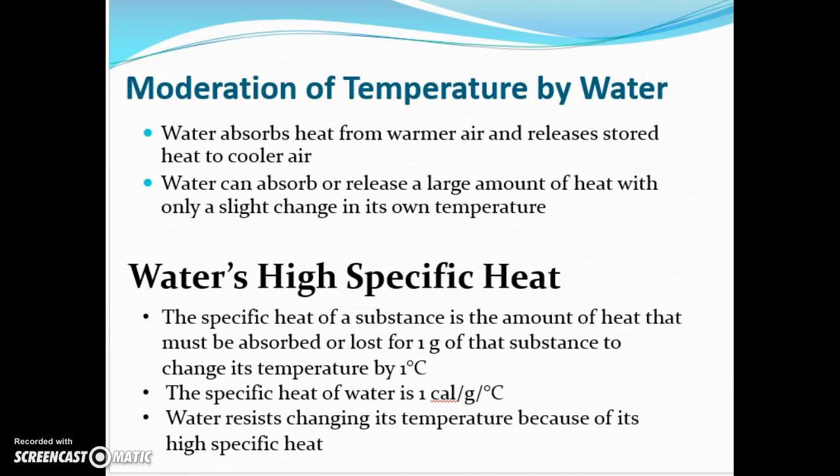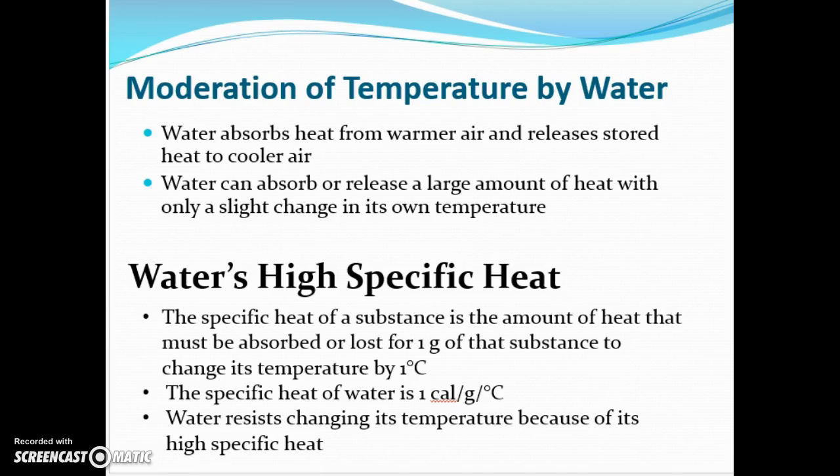The next emergent property, departing from the cohesion and adhesion, surface tension grouping of properties, we move into water's high specific heat. This property of water is what helps, again, maintain life on Earth.